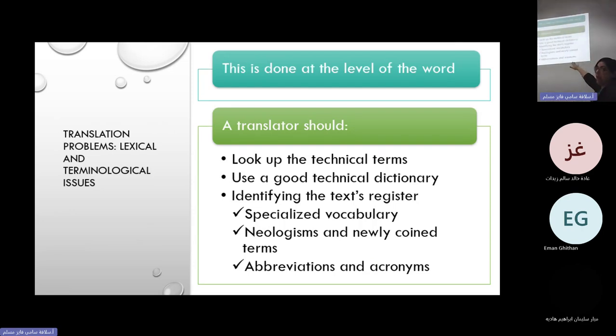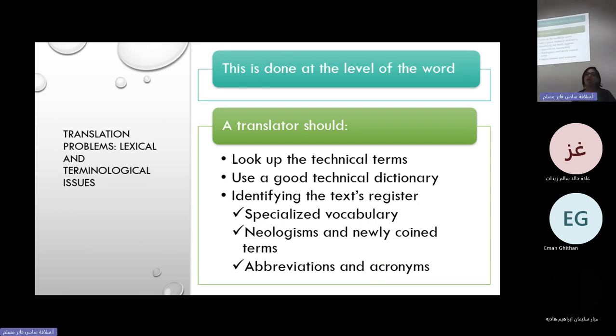Does it use specialized vocabulary? Does it use neologisms? What is neologism? A neologism, we already talked about this. Neologism means new words, okay? And newly coined terms. If you read the sentence, you could have known what neologism means.